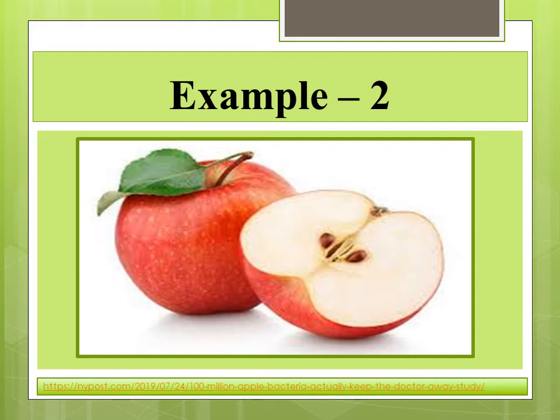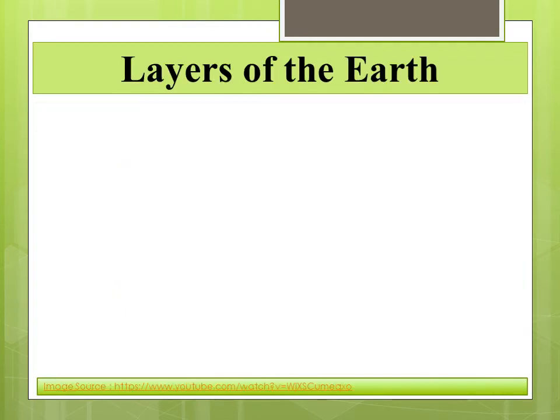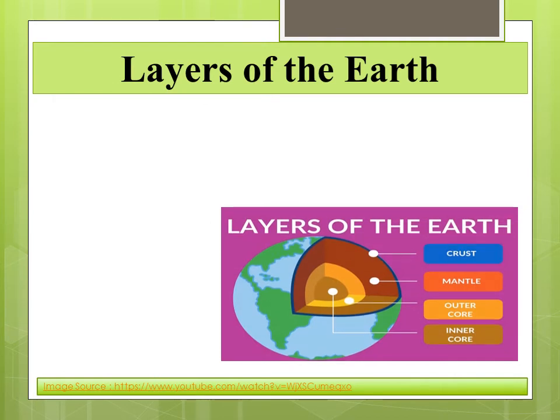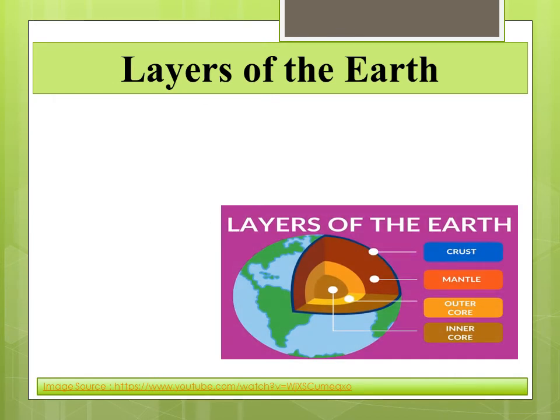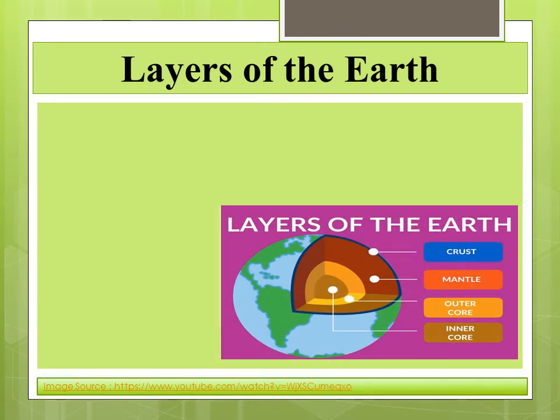Let's see one more picture here. You all know it is a picture of an apple. What is the special feature of an apple? An apple is made of skin, pulp and core. So our earth is also like an apple and is made up of many parts or layers. So children, you can think that our earth is like an apple.